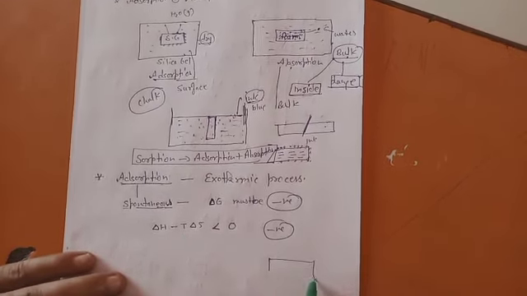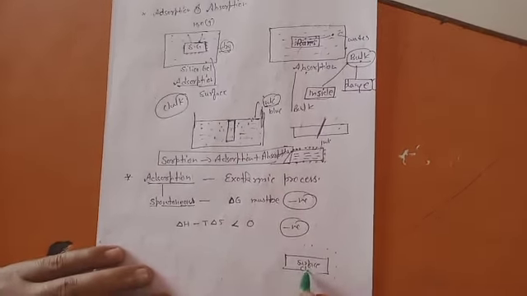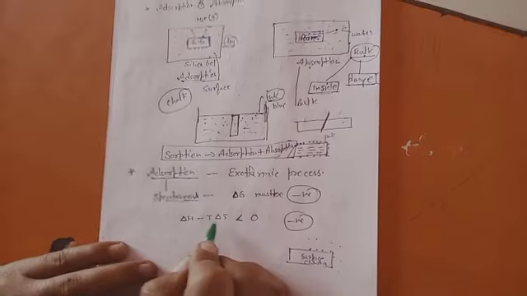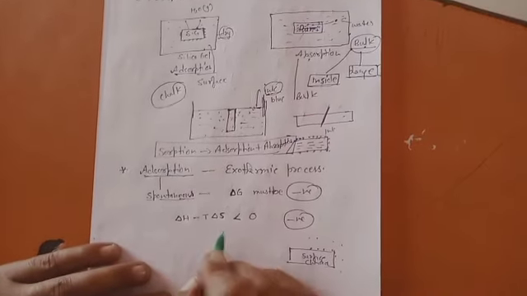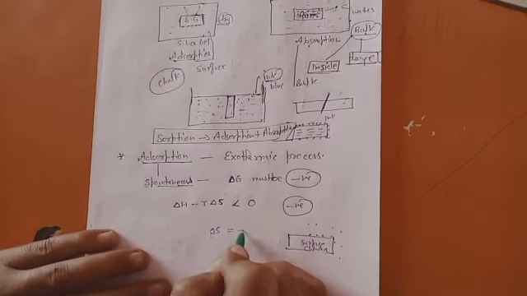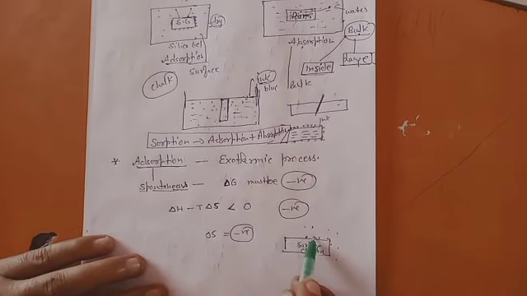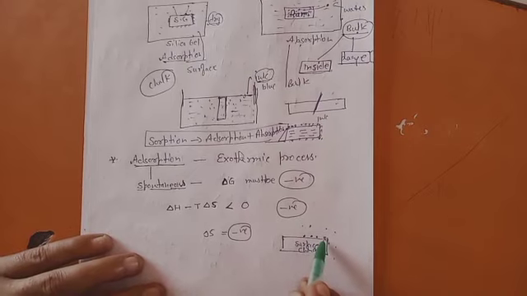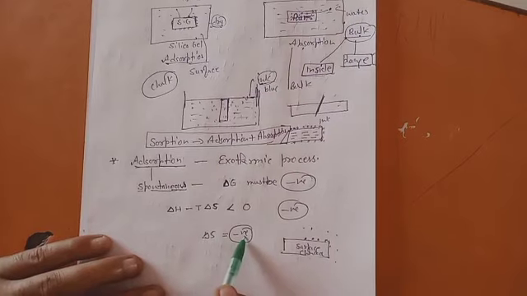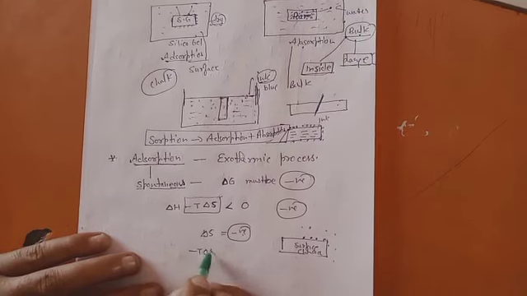When some gas particles are attaching to the surface of charcoal, these gas particles are moving towards it. So if you find out delta S, the entropy change, it will come out negative, because the gas's randomness is decreasing. Gas particles attached to the surface, so the randomness decreases. That is why delta S will be negative. So this whole term, minus T delta S, becomes positive.